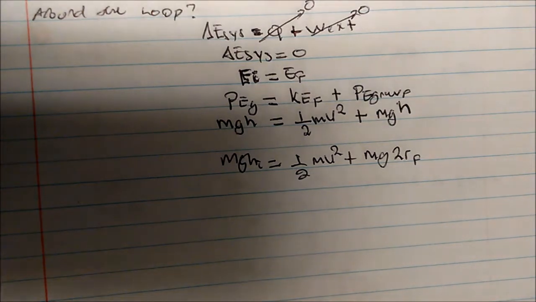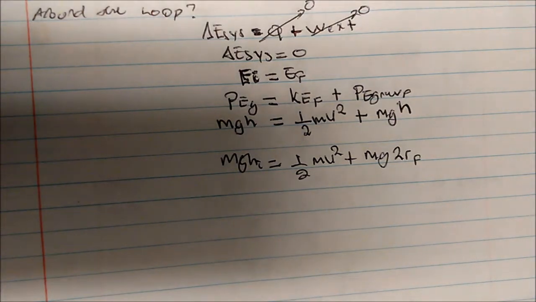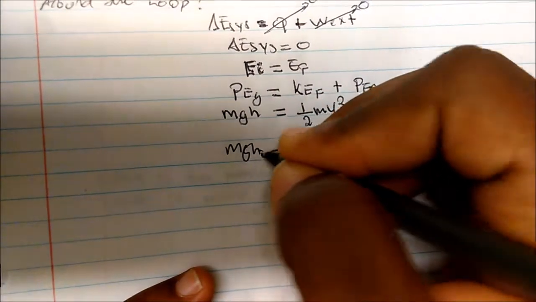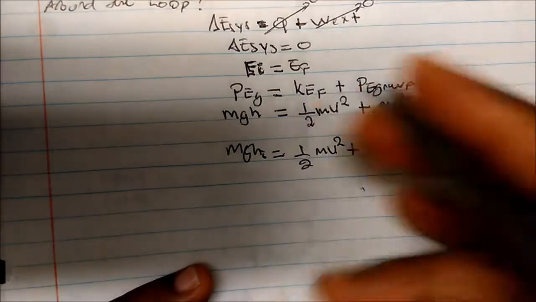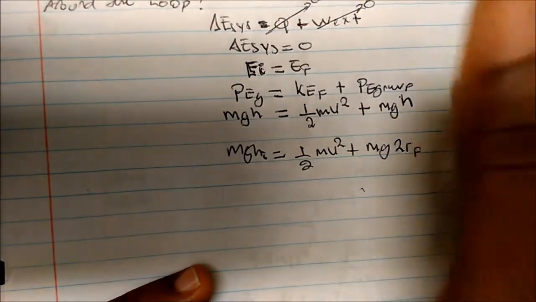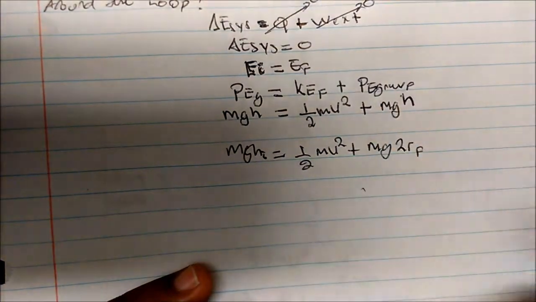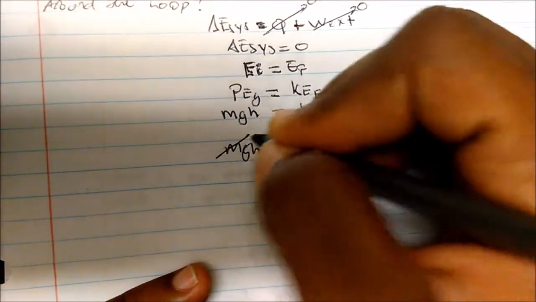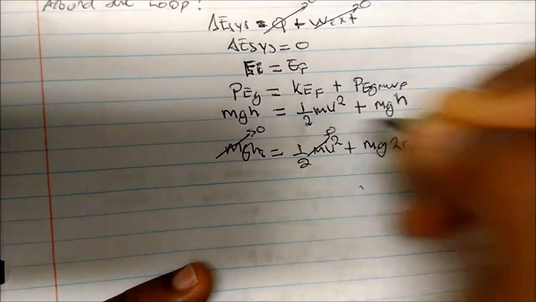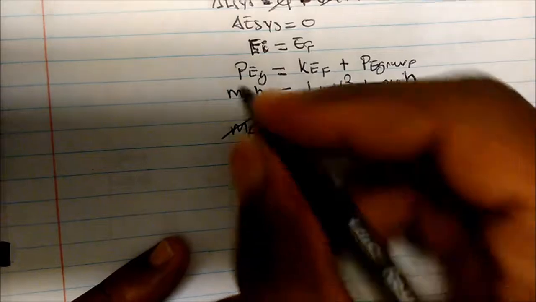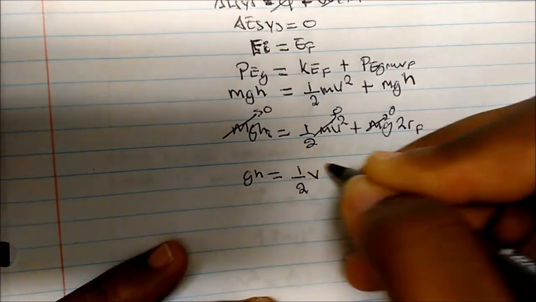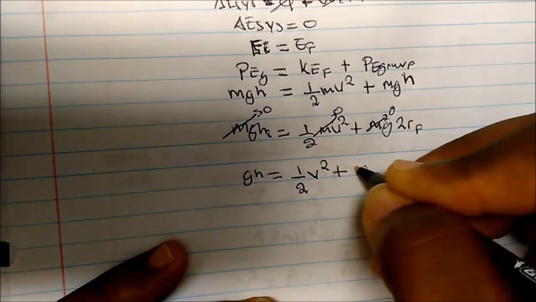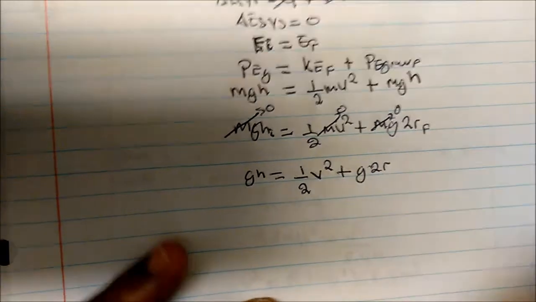Okay, and now we set up our beautiful equation to just solve. The good thing about this is that we're solving for the height, so we know that we're solving for h here. If we have mass in every term, we could go ahead and cancel those. And so we're left with gh is equal to 1/2 velocity squared plus g2r.